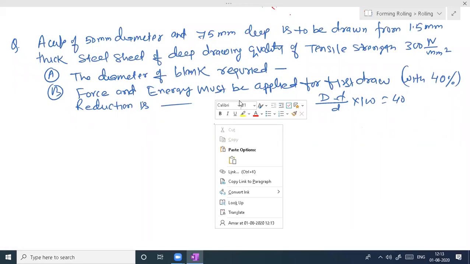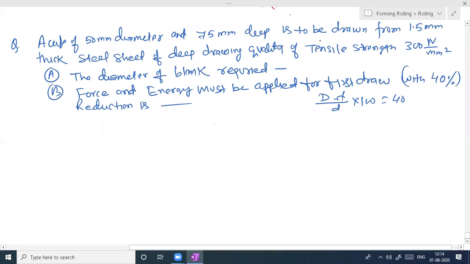Tensile strength is 300 given basically. This is actually the ultimate tensile strength.